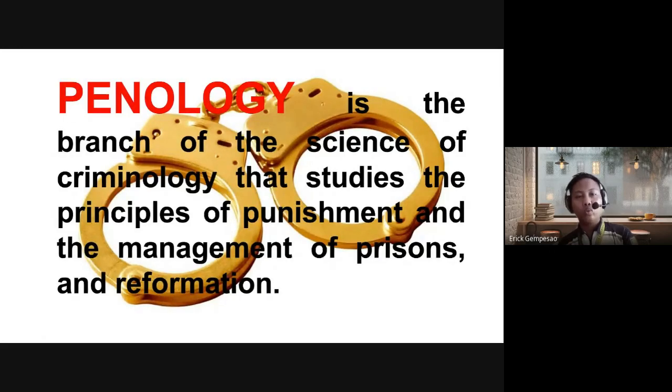That is what we call penology. It's all about the scientific study of the principles of punishment of criminal offenders and the management of prisons, how we can reform the prison system so that it becomes conducive to changing or rehabilitating the offender.